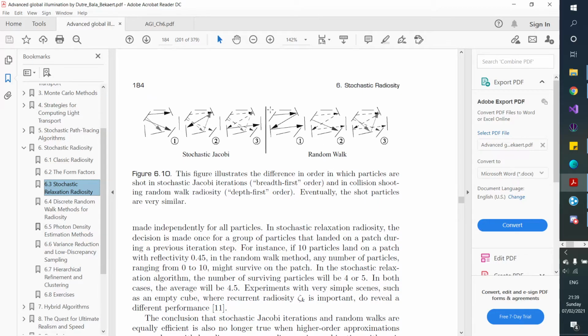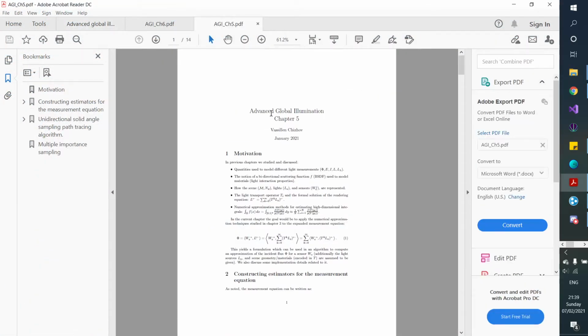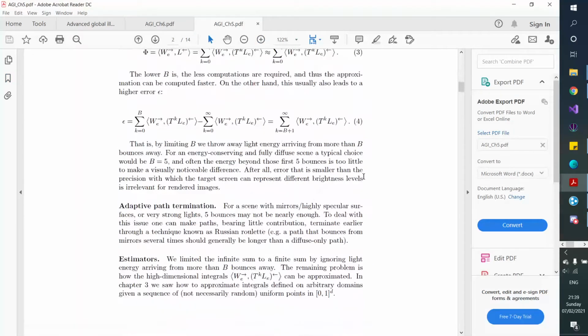But what they have in the book here, as far as stochastic Jacobi and random walk go, is that one estimates each bounce separately. Maybe I can find this. I actually have that in the previous thing.